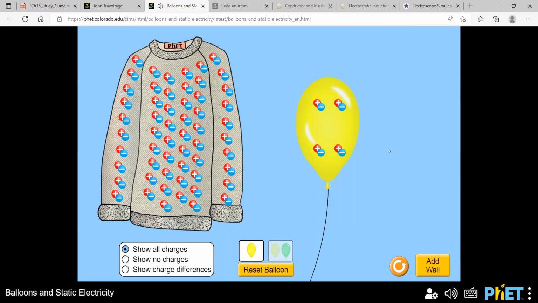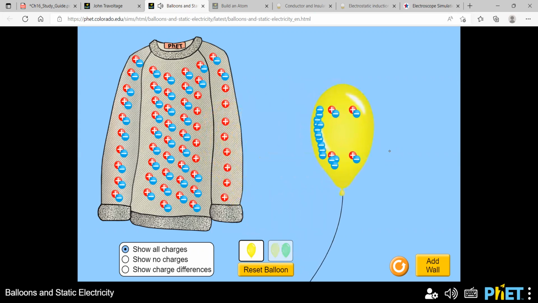Here you see that we have a neutral sweater and a neutral balloon. Neutral means they have the same number of positive charges and negative charges. Now if I rub the balloon with the sweater, you will see that charge goes from one object to another. The balloon is now more negatively charged and the sweater is more positively charged.